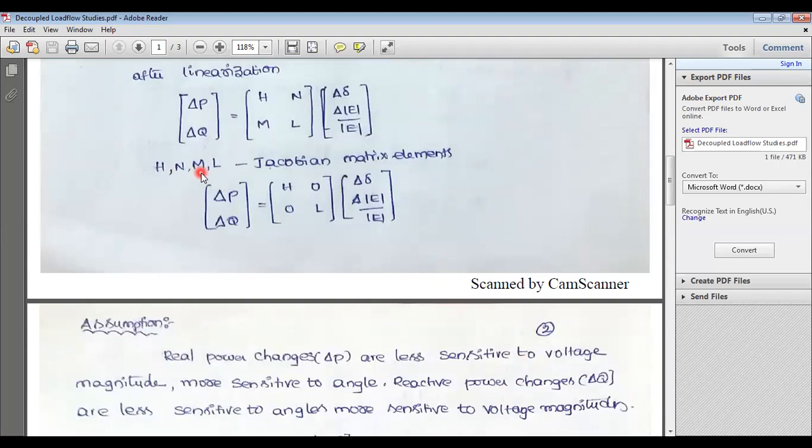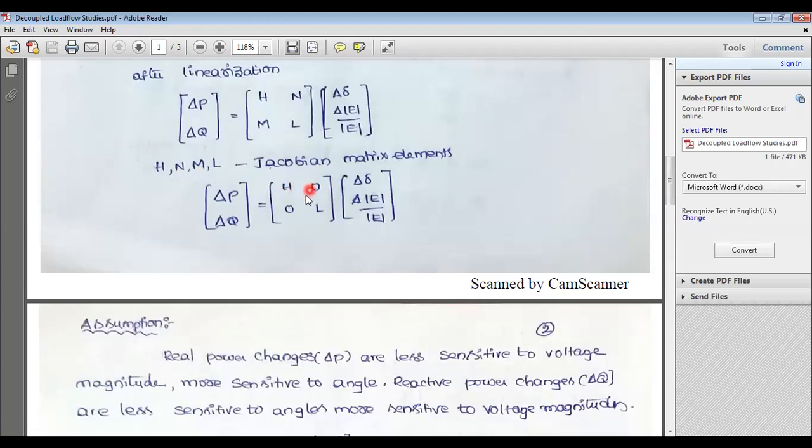N and M are called submatrices, which are negligibly small when compared with H and L. If you neglect those two components, your problem will be simplified. These all depend on the assumptions we have made. So we neglect these because they are negligibly small compared with the remaining parameters. So N is equal to 0 and M is equal to 0.